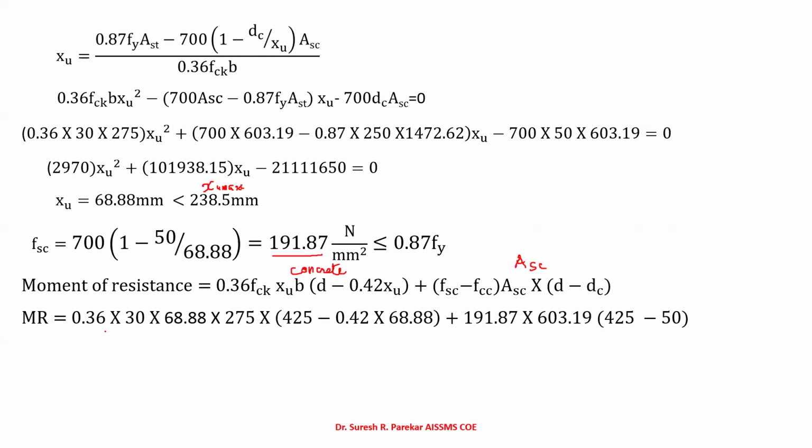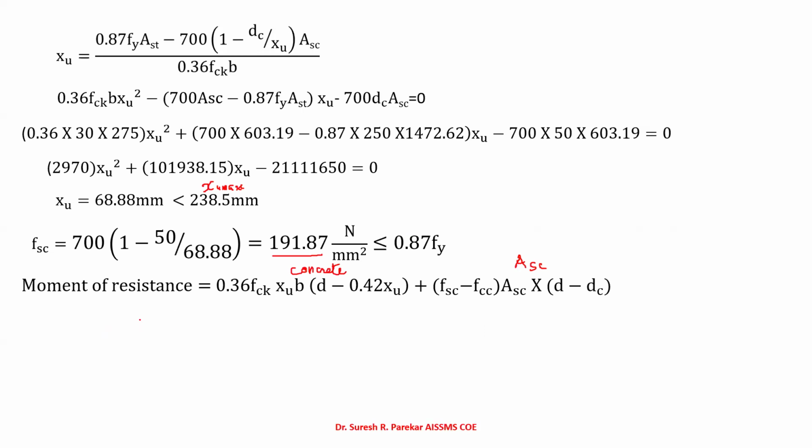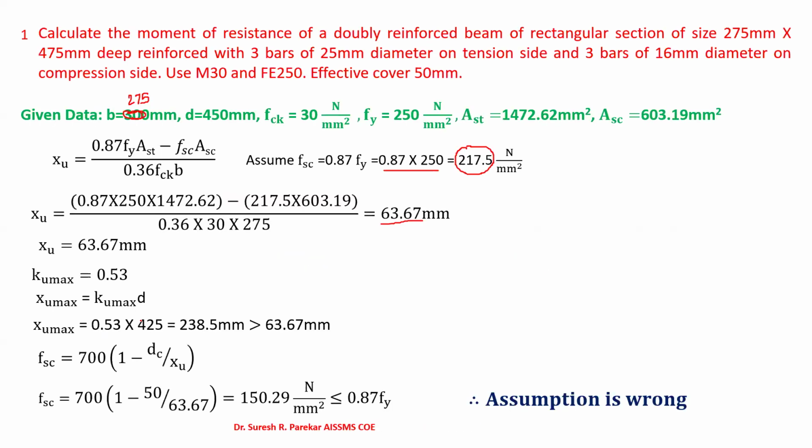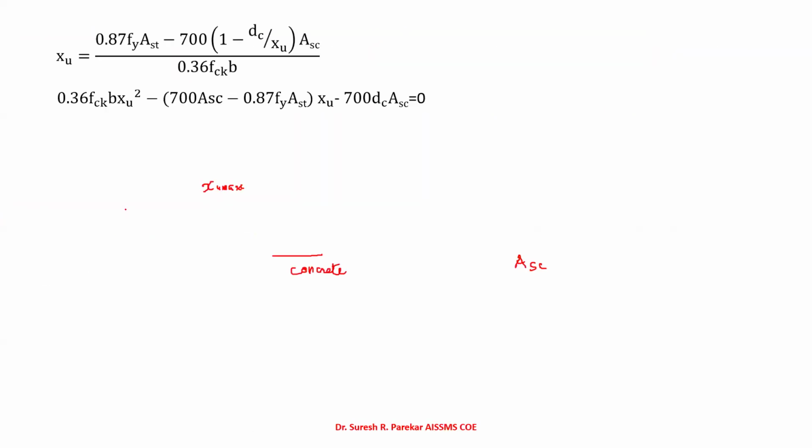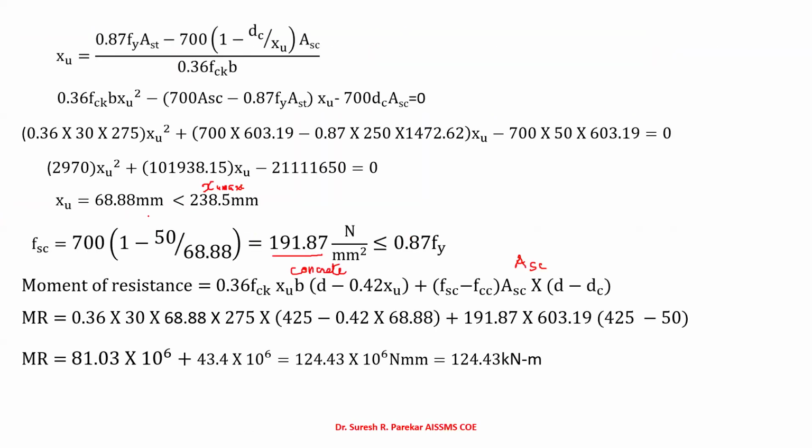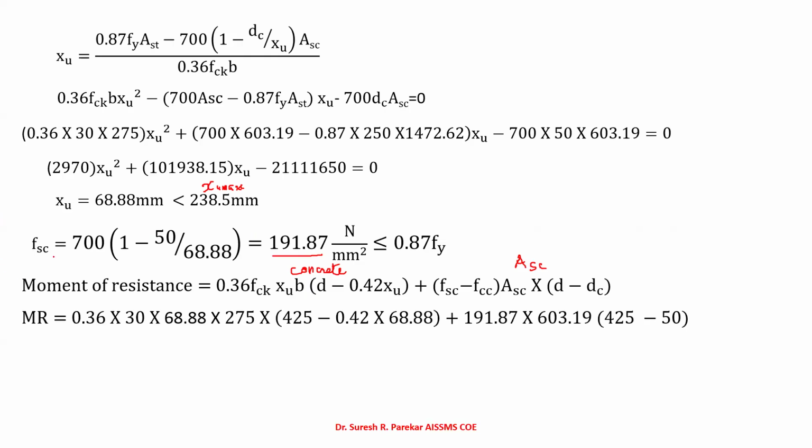So we have 0.36 into 30, we have this fck 30, and then d we have 475 minus 50, so it comes 425. So we have this value, small d.